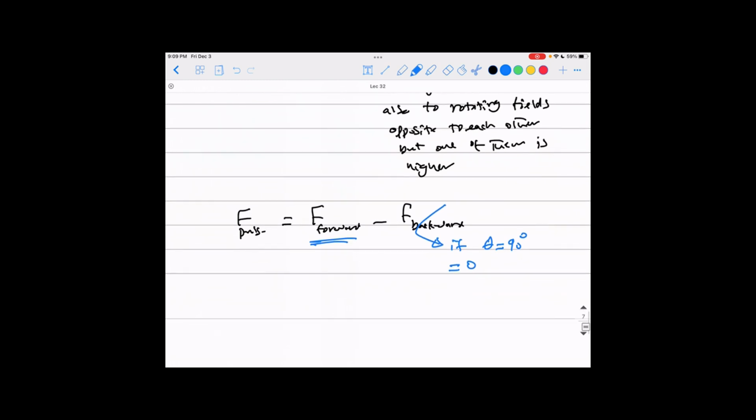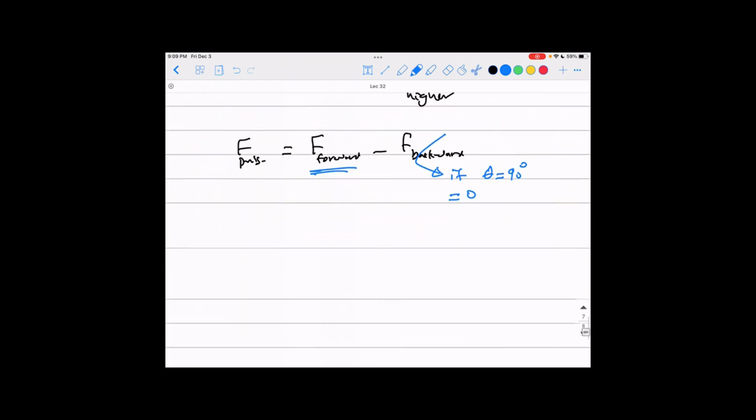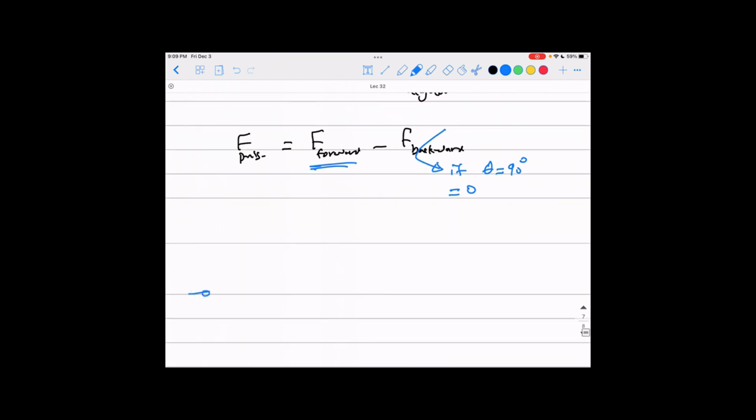So yeah, this backward magnetomotive force will not go away entirely, will not be 0. But the whole point is, if theta does not equal 90 degrees, but also theta does not equal 0, and that's the case we are dealing with here, we created some phase difference. Yeah, it's not 90, but it's not 0 either.